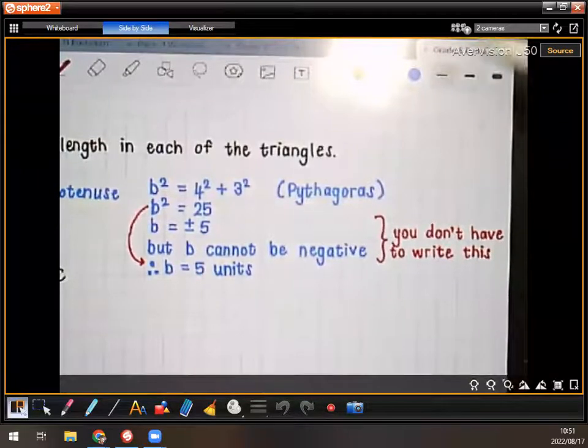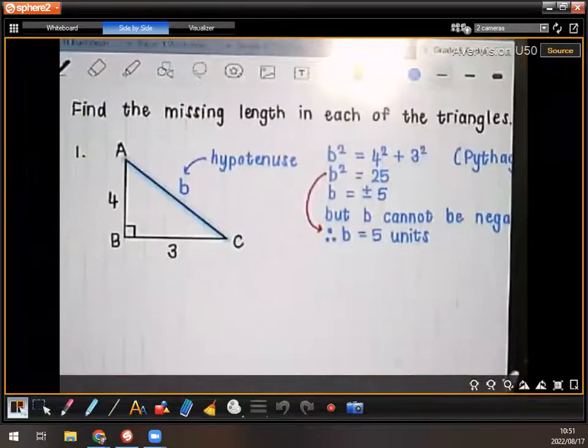Okay. Let's do an example now where we actually find another side, one that's not the hypotenuse.